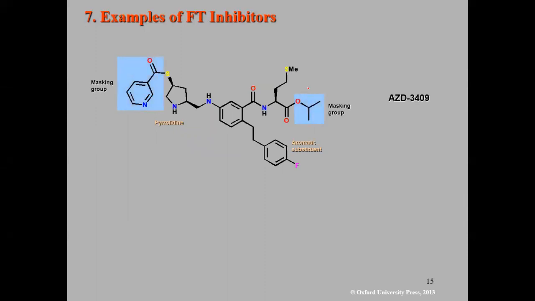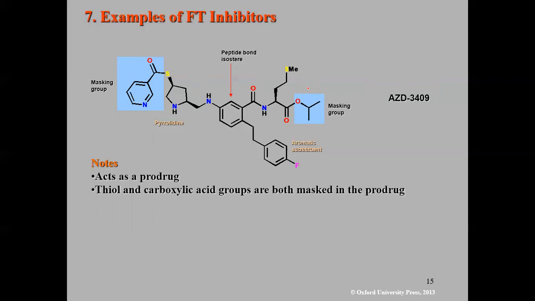They mask the thiol group, and they also mask the terminal carboxylate group, which this one has, you can call it a double prodrug. Okay, they go back and they use the peptide bond isostere, which is the phenyl ring. Okay, as we said, this acts as a prodrug, or actually it's a double prodrug.